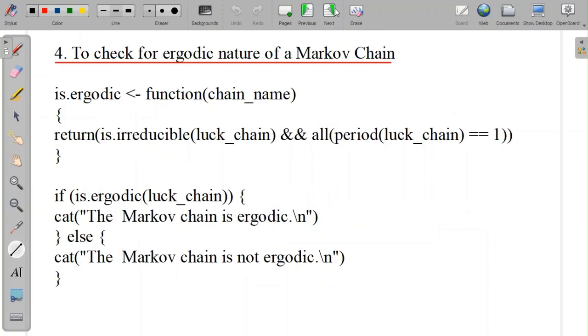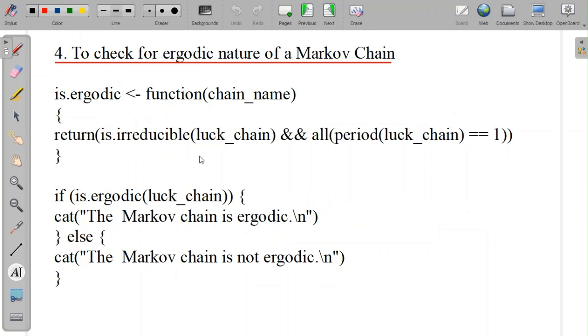The fourth piece of code that we look at is to find out whether a given Markov chain is ergodic by nature. This goes by the name is.ergodic function. We'll put the chain name there. The chain name can be of your choice. I've given an example for a chain whose name is luck chain, and we'll find out if this chain is irreducible.